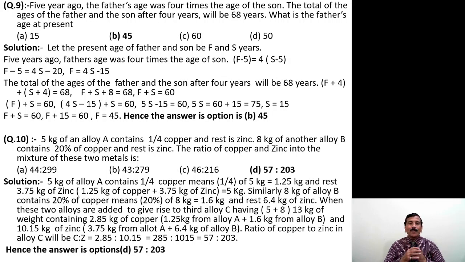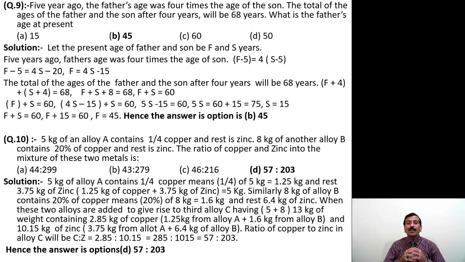Last example. 5 kgs of an alloy A contains 1/4 copper and naturally 3/4 zinc, and 8 kg of another alloy B contains 20% copper, means 1/5 copper, and remaining 4/5 zinc. The ratio of copper to zinc in the mixture of these two metals will be.